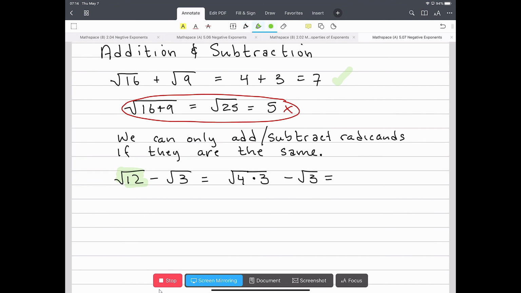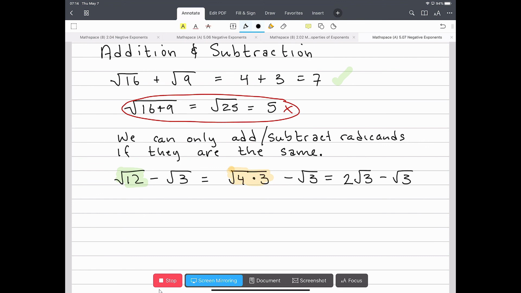Now we can simplify this here. We know what the square root of 4 is. So the square root of 4 times 3 simplifies to 2 square roots of 3. We're going to subtract that square root of 3 on the end.